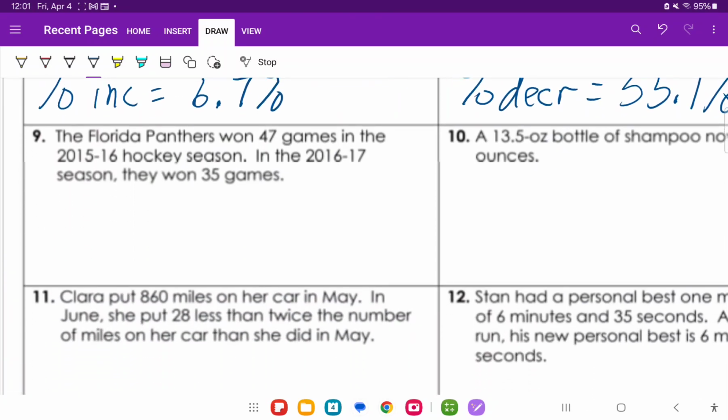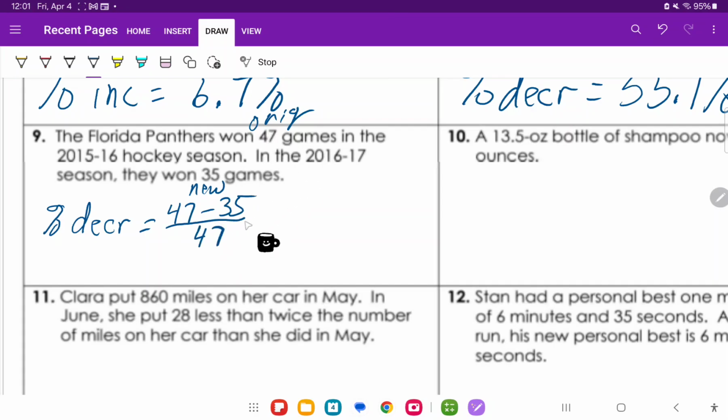Okay, oh my goodness, there are so many of these. So number 9, the Florida Panthers won 47 games in 15-16, and then in the next year they won 35. So this was the original, and this is the new. So that is a decrease. They didn't win as many games this year. So that's going to be 47 minus 35. And the original number was 47.